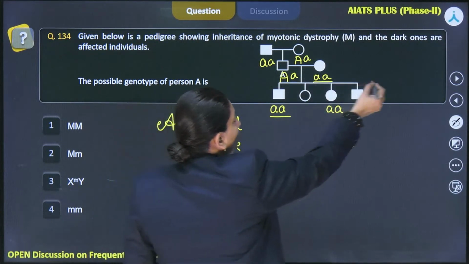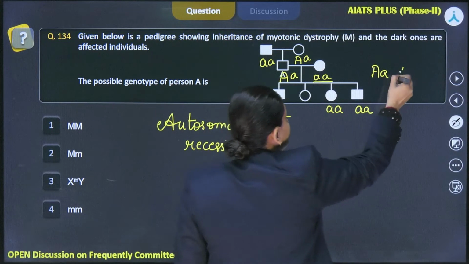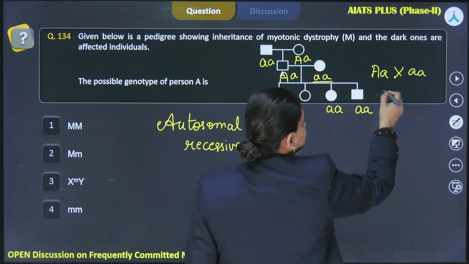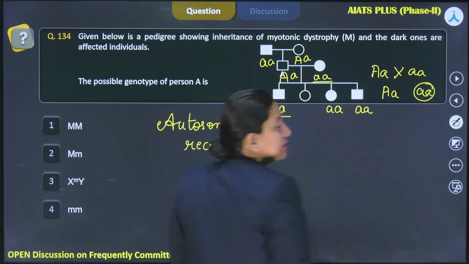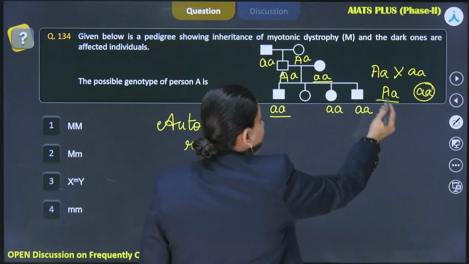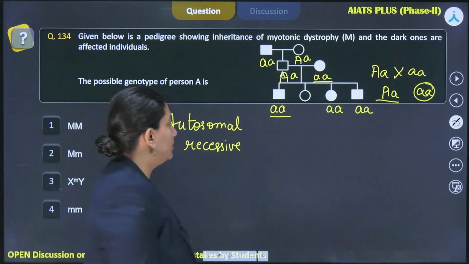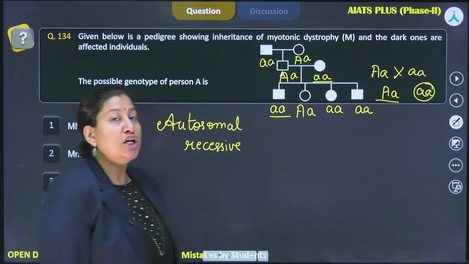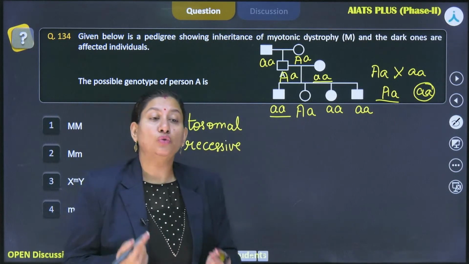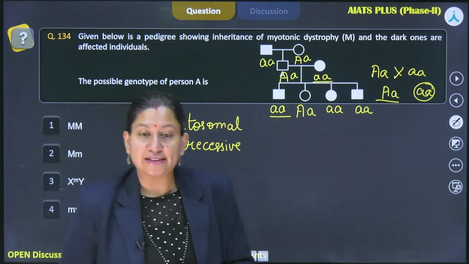And here again, only one possibility is there. You can have two types of genotypes: capital A small a, and small a small a. The small a small a ones will be affected, so there is only one genotype possibility for the unaffected individual. So now this will become capital A small a, right? So this pedigree is also suited for an autosomal recessive disorder.